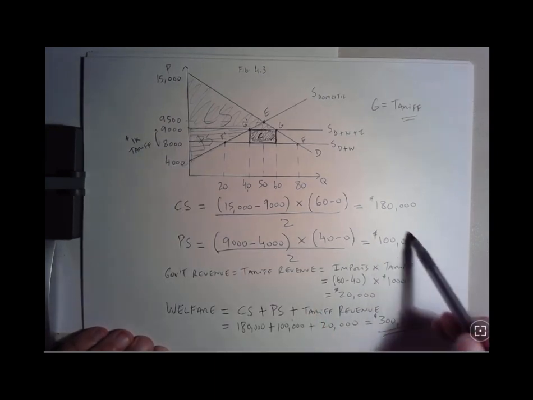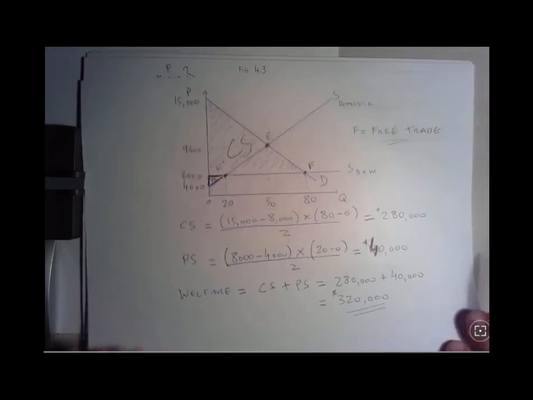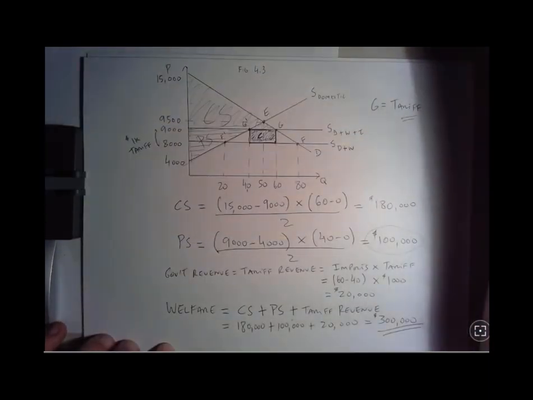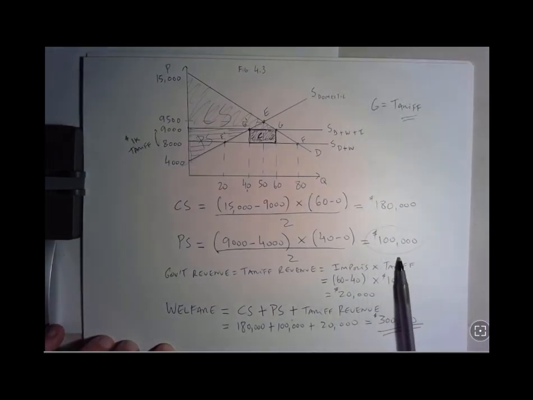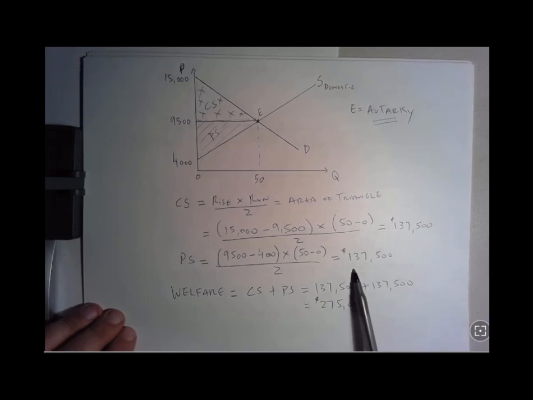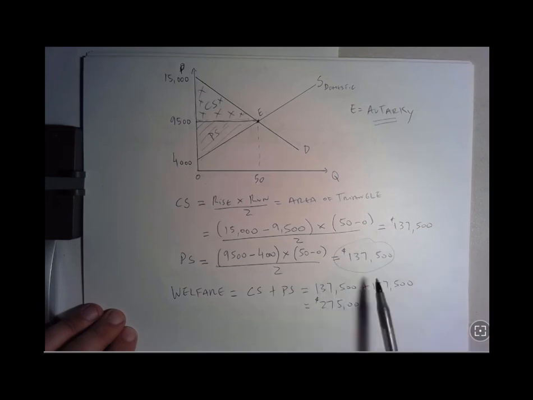The domestic producers got better as the result of their lobbying. They had previously a 40,000 producer surplus and now went up to 100,000. Still not as good as the surplus they enjoyed under a closed economy when they were not facing foreign competition. Right? They had the producer surplus of 137,500 bucks.